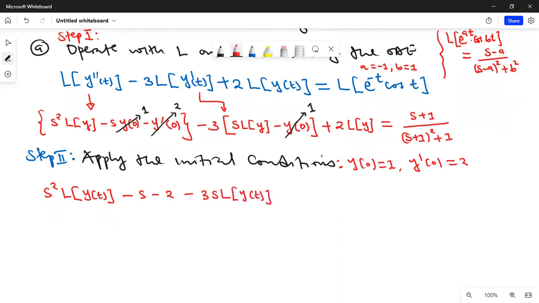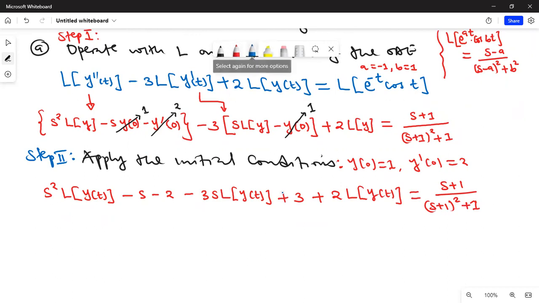Plus now we'll have -3 times -1, that should be plus 3. Then plus 2 times the Laplace transform of y of t. This should give us (s plus 1) over (s plus 1) squared plus 1.